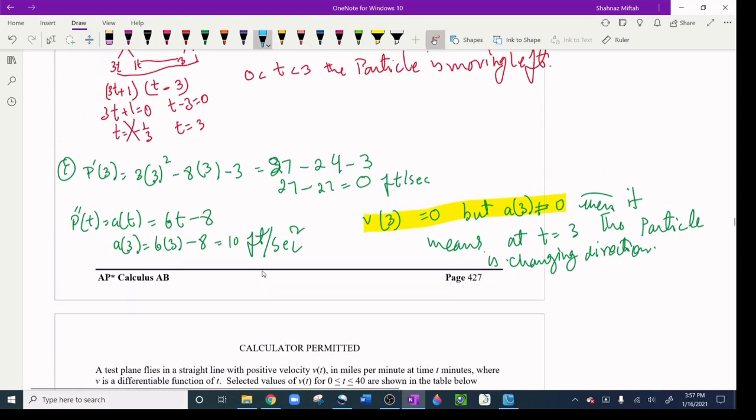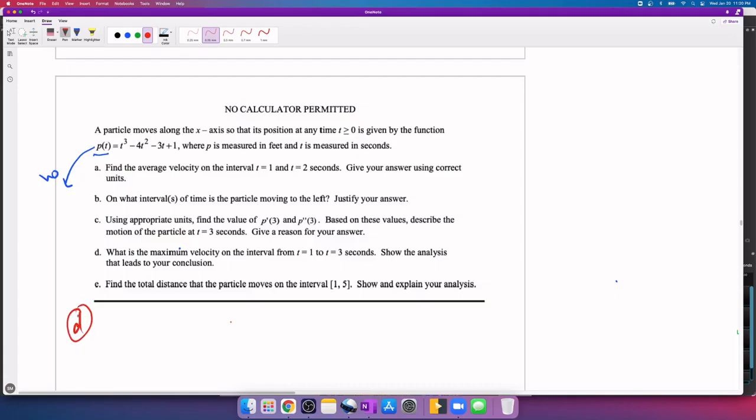So this is part D for this question: what is the maximum velocity on the interval t equal 1 to t equal 3 seconds? Show analysis that leads to your conclusion. The words maximum, minimum, at least, lowest, greatest, these are all words that, when you see them, mean this is an absolute max they are talking about.